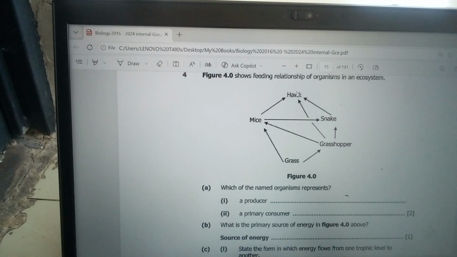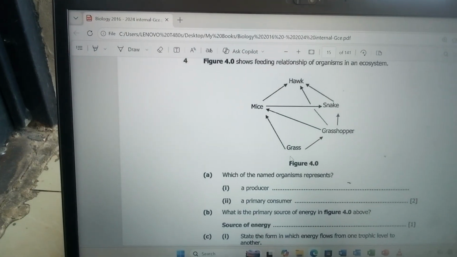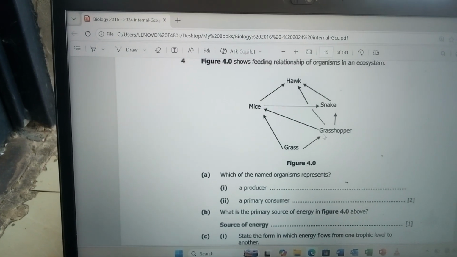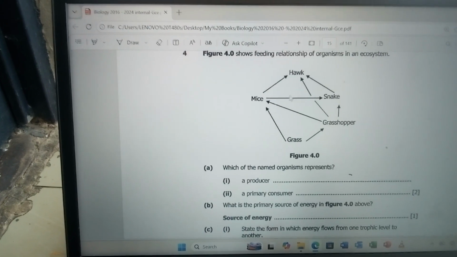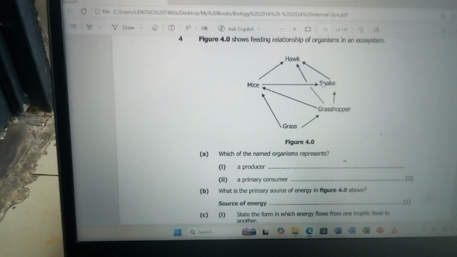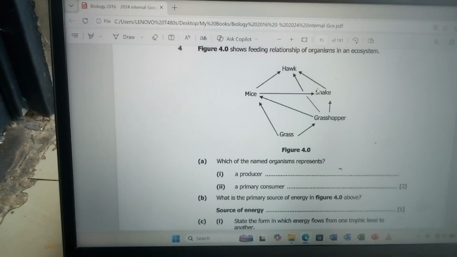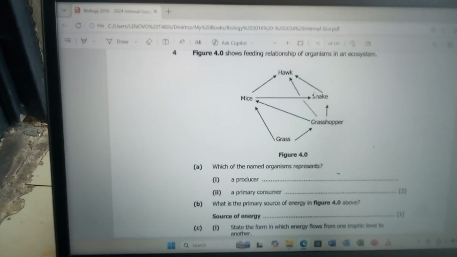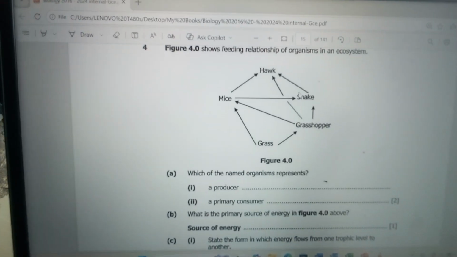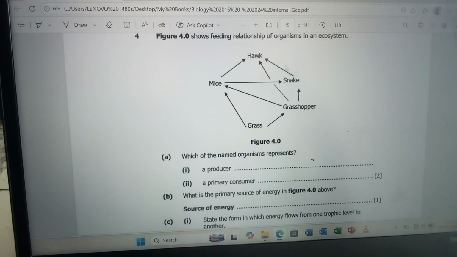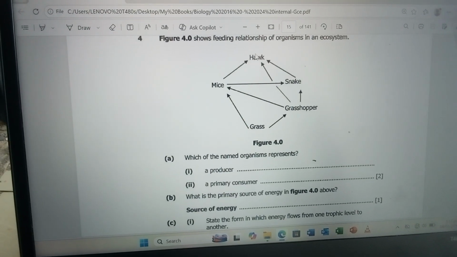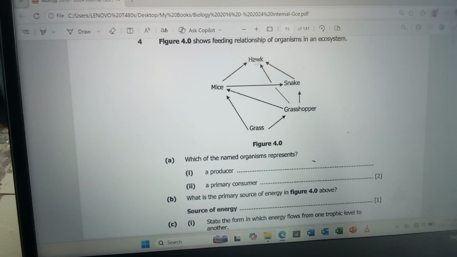The longest food chain, we are going to start from grass, move to grasshopper, and then we go to mice. From there we go to what? Snake. And then from there we stop at the hawk.